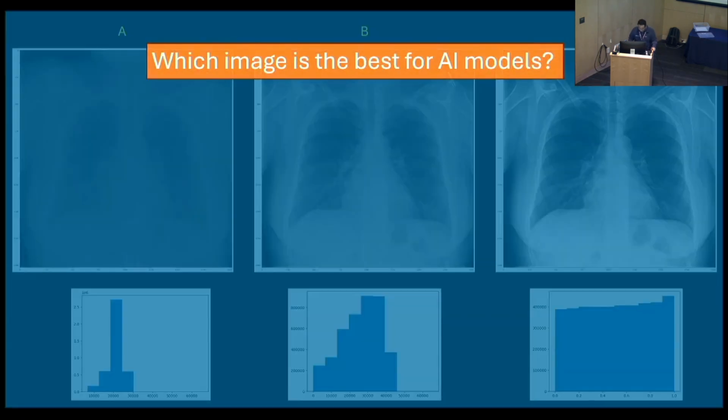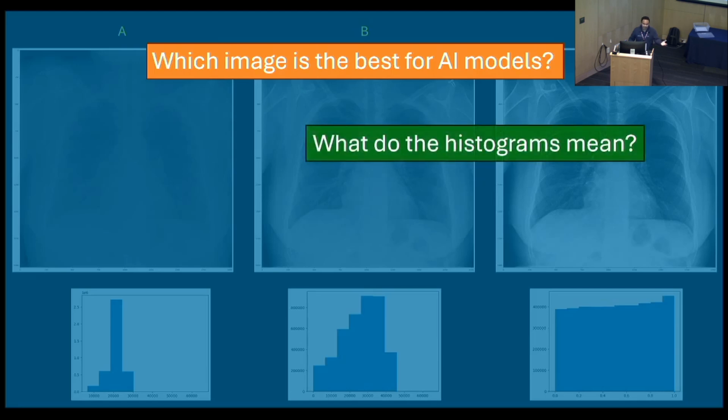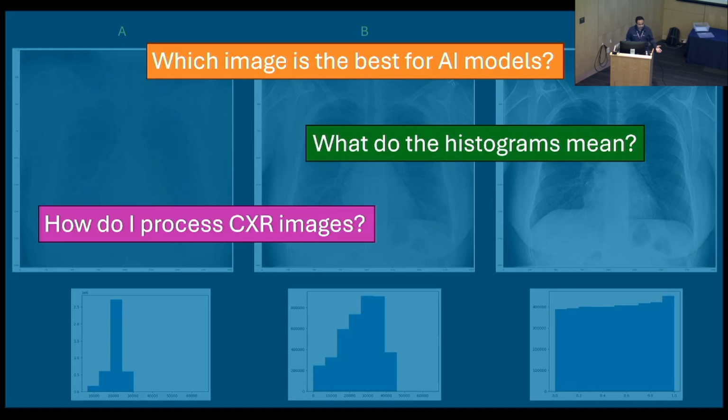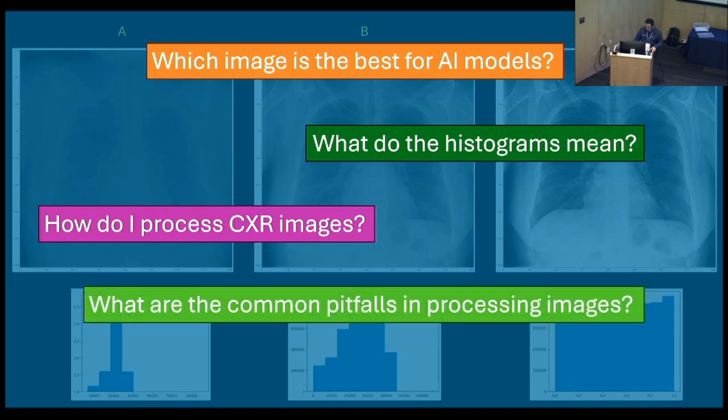So this is a good first step in trying to think about which image is actually the best for AI models for being used in diagnosis, and then what the histograms mean, which Harry already explained. How do we process the chest X-ray images, and what are the common pitfalls in processing the images? We'll touch on these questions, and if you have other questions, please feel free to ask.